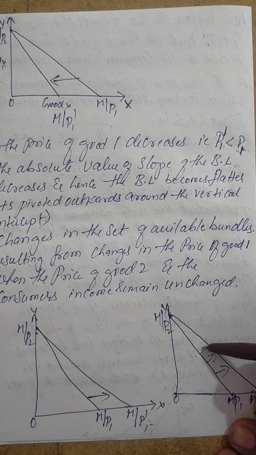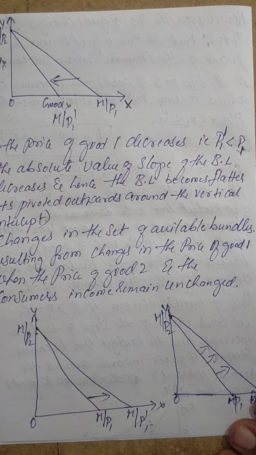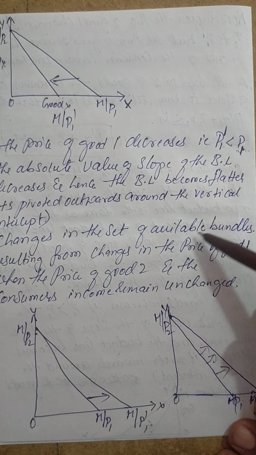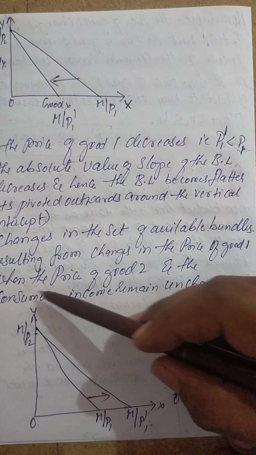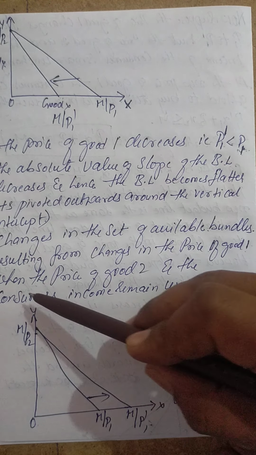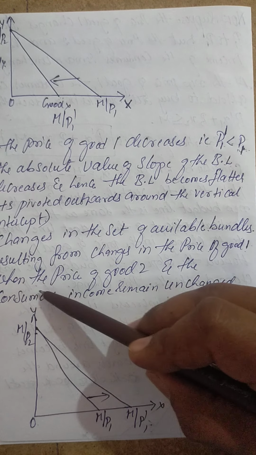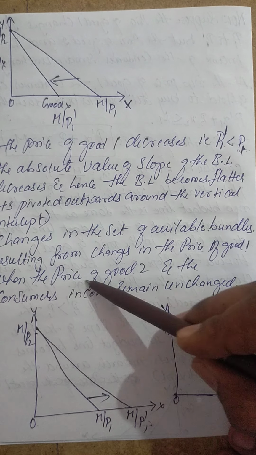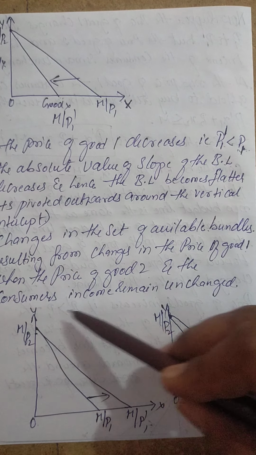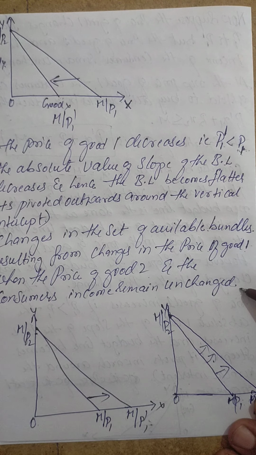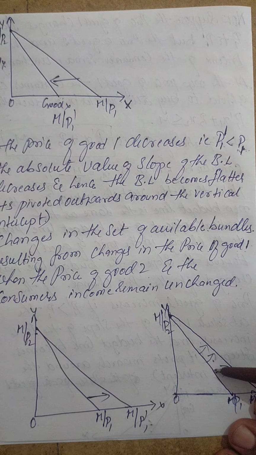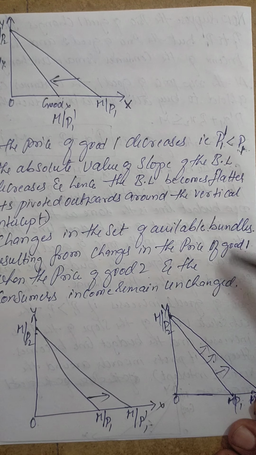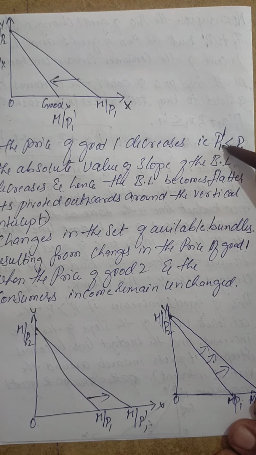This is the change in the set of available bundles resulting from the change in price of good 1, when the price of good 2 remains the same and income remains unchanged. The purchasing level of the first good is more since its price has decreased.